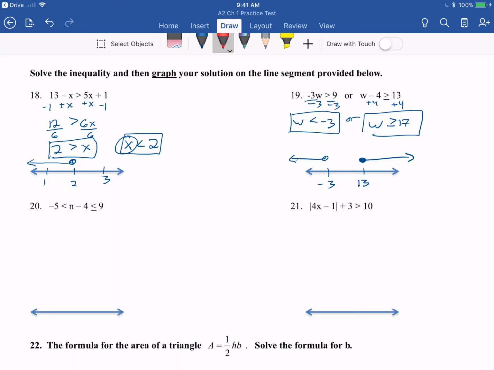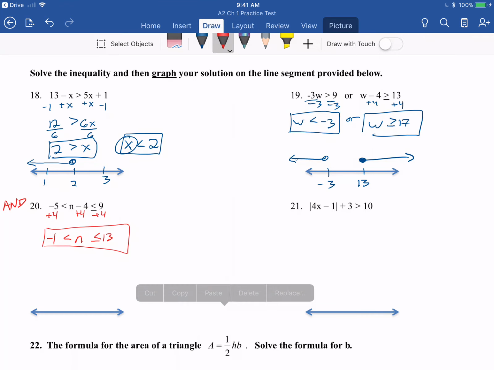Number 20. Remember here how this one's an and. All right, if it's got two inequalities and one is an and, so we know that these are going to sandwich in together. So let's go through and see what we got here. I'm going to add 4 to all parts. Add 4, add 4, add 4. So negative 5 plus 4 is negative 1 is less than n is less than or equal to 13. All right, and that is my answer.